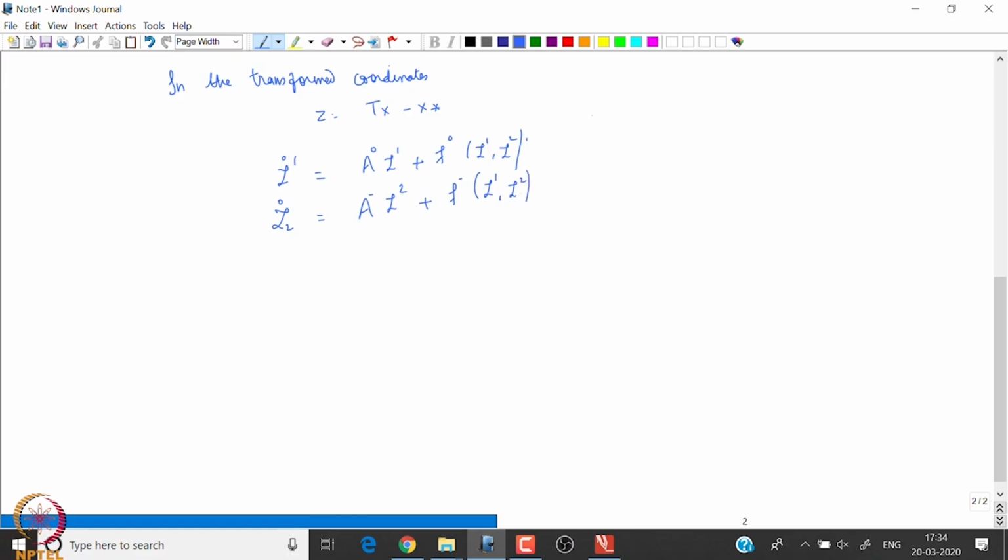Okay. So this will be the first n minus L components, and this will be the last L components.